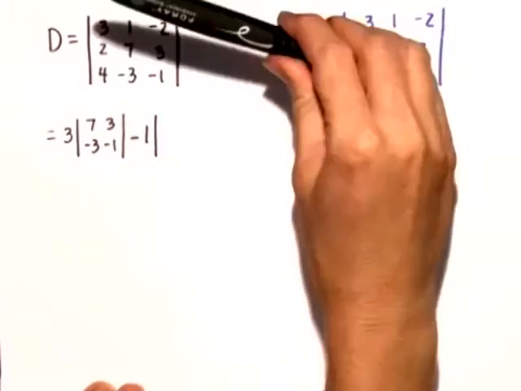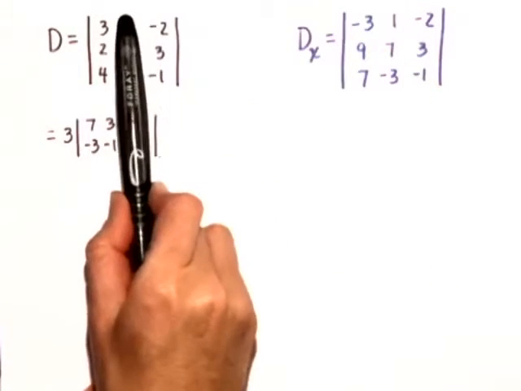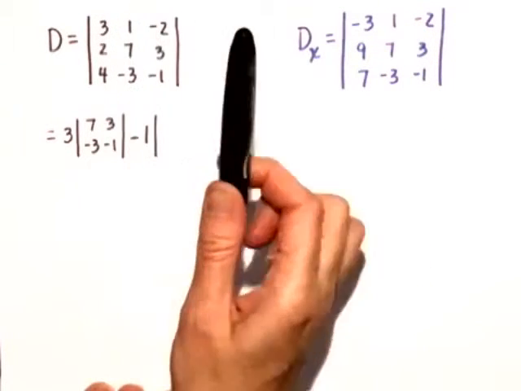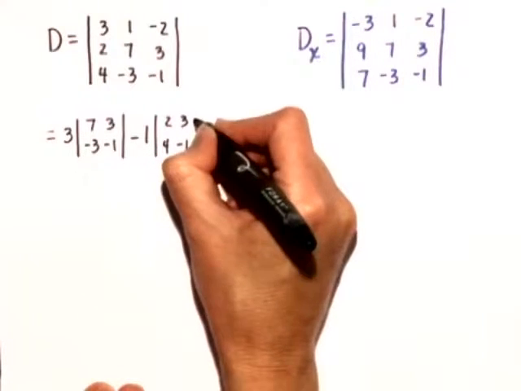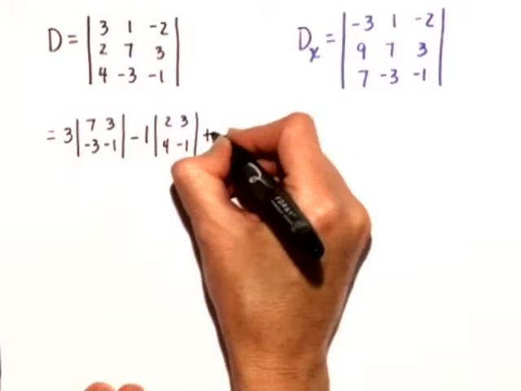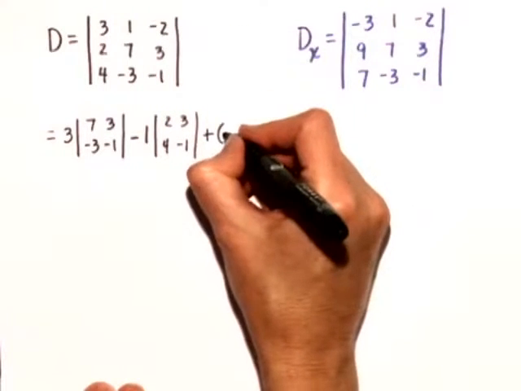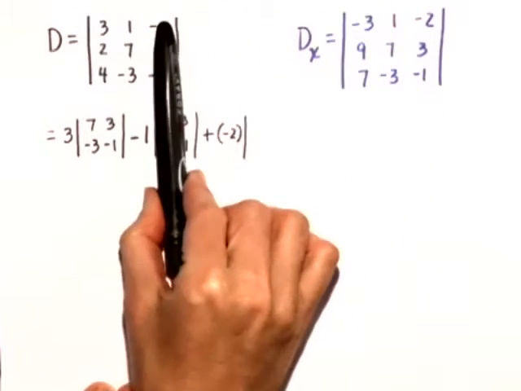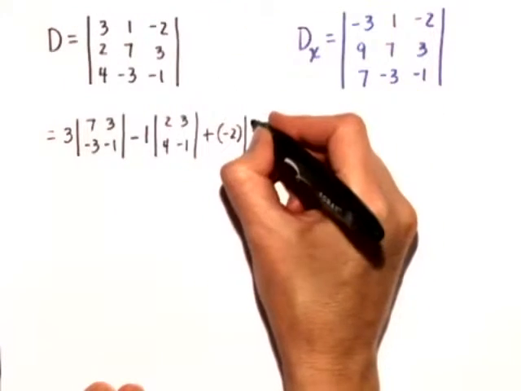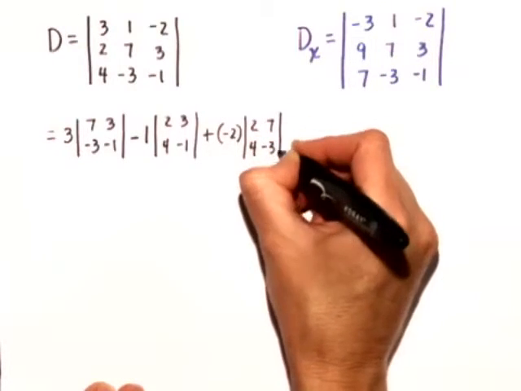We multiply 1 times the determinant we get by crossing out the row and column that 1 is in. So we'll have 2, 3, 4, and negative 1. Finally, plus, we'll expand across to the last element, which is negative 2. And we cross out that row and that column. We're left with 2, 7, 4, negative 3.